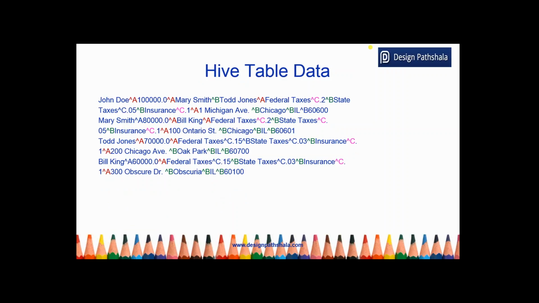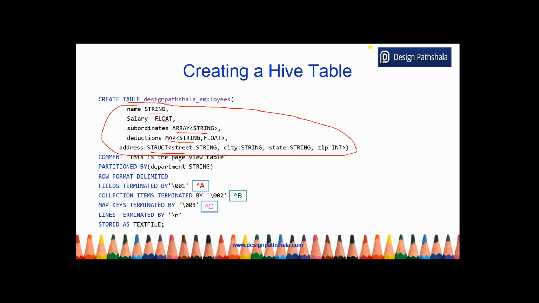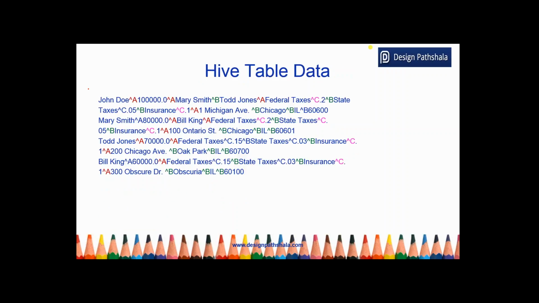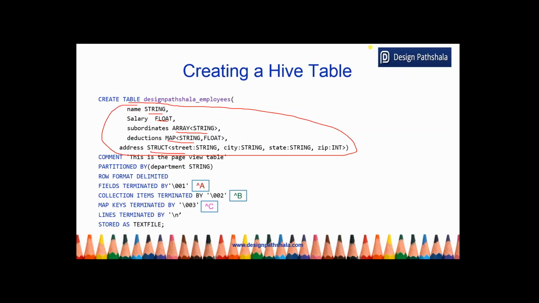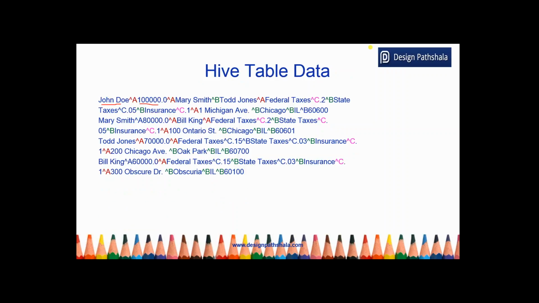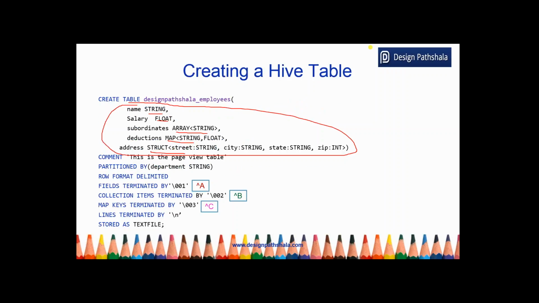So there is data at the backend, which I am trying to read with this table definition. Here you can see you have your name, control A, salary, then control A, your subordinates.